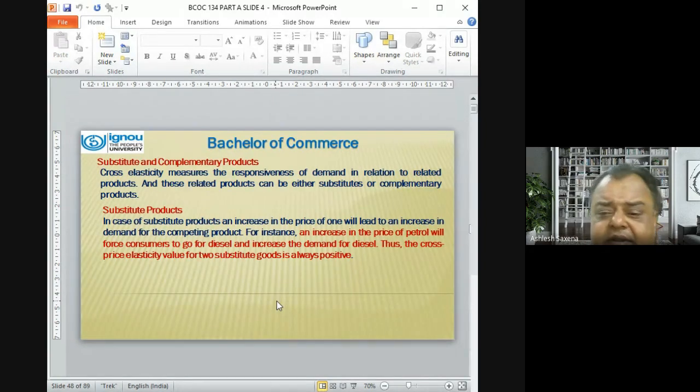For example, an increase in the price of petrol will force consumers to go for diesel, and an increase in the demand for diesel will be there. Thus, we can say that the cross price elasticity value for two substitute goods is always positive.